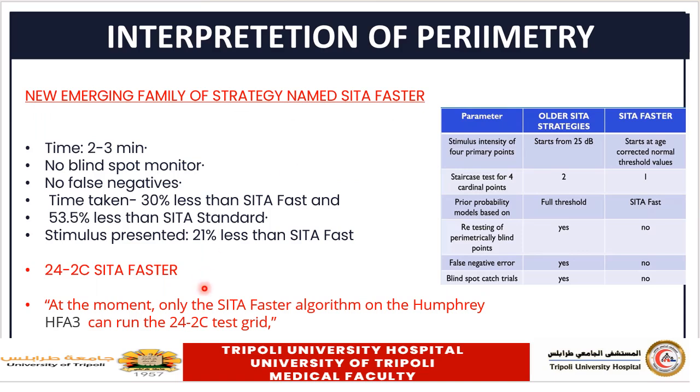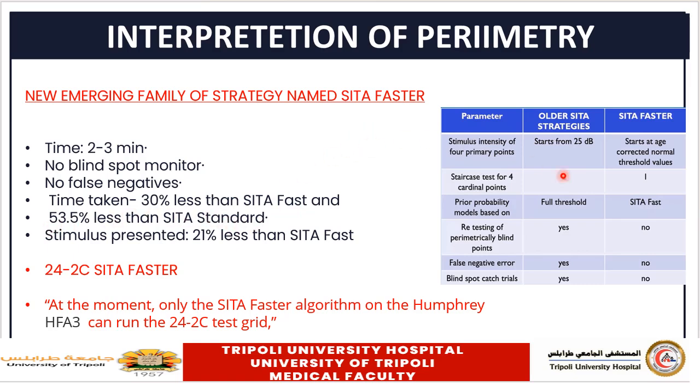Among the new family of SITA strategies is the emergence of SITA Faster, which is available in the Humphrey Field Analyzer 3. This SITA Faster strategy shortens the time of the examination by around 30% compared to SITA Fast and around 53% compared to SITA Standard.